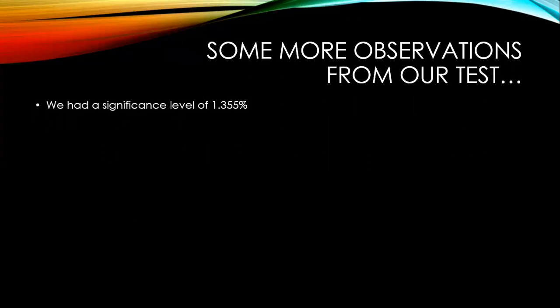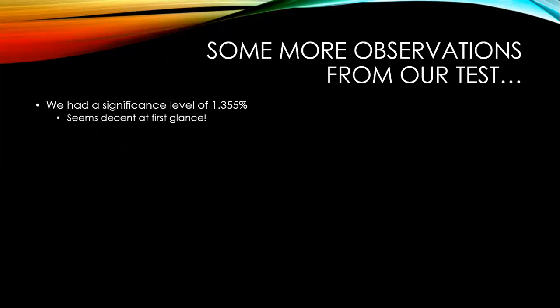So some more observations about our test about brown-eyed people. Remember, we did our calculation and we found the significance level was 1.355%. So this is pretty decent. We've got a 1.355% chance of rejecting H naught. It seems like a pretty good hypothesis test. The fact in the town that we had before we did the investigation was that 80% of people in the town have brown eyes.